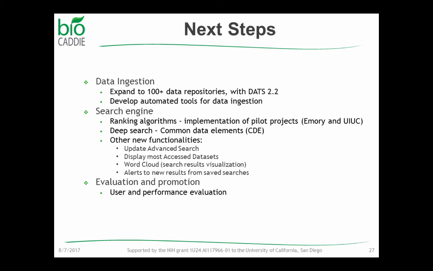We also talked about deeper search, which involves both ingestion and the search engine. For example, how we can search study variables based on the common data elements, CDE. That's something big. Then we also talked about how we can show data statistics by integrating other projects. And a bunch of new functions are still on our list, and the evaluation will keep going.